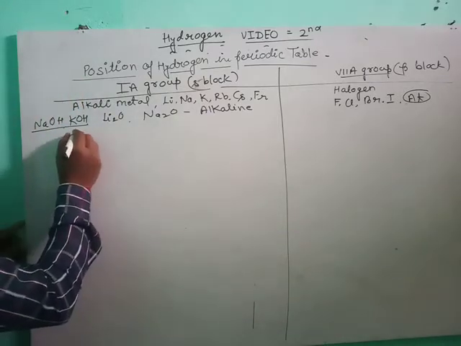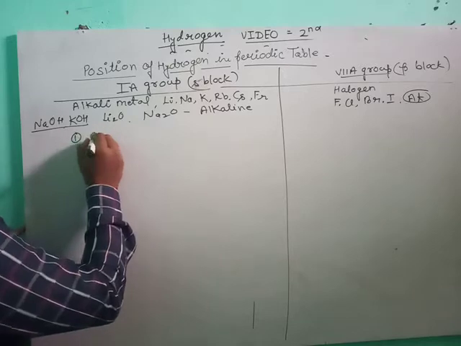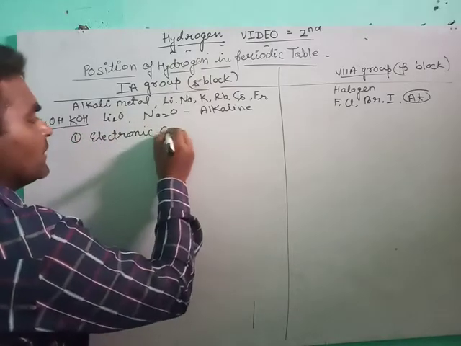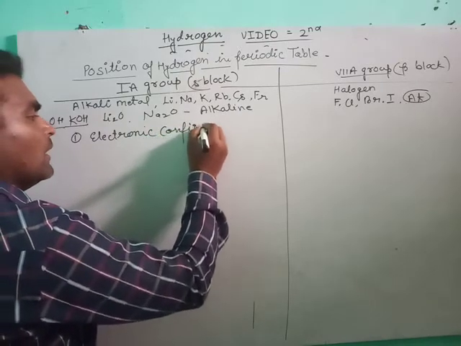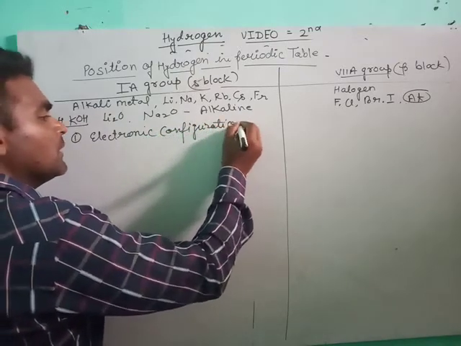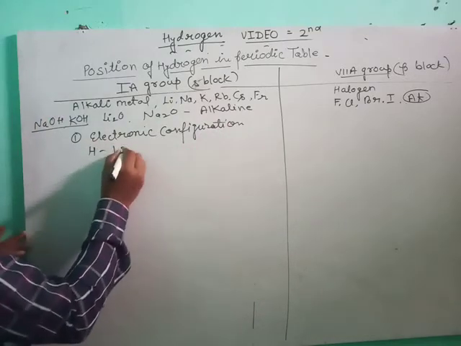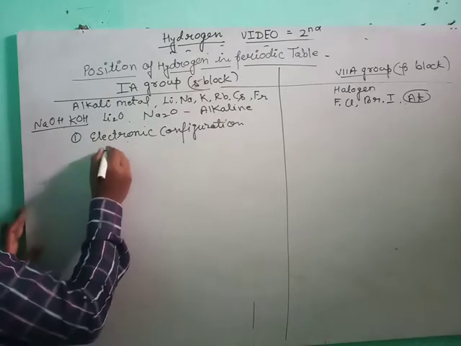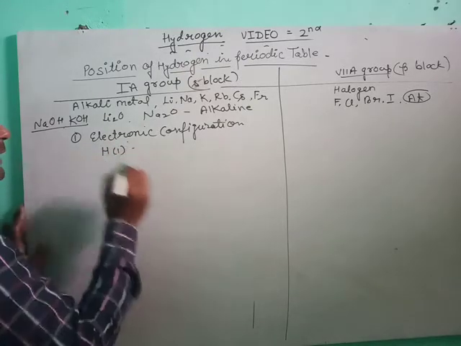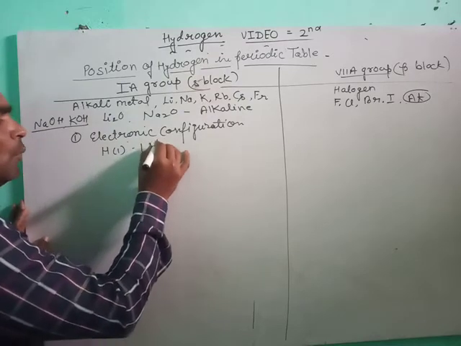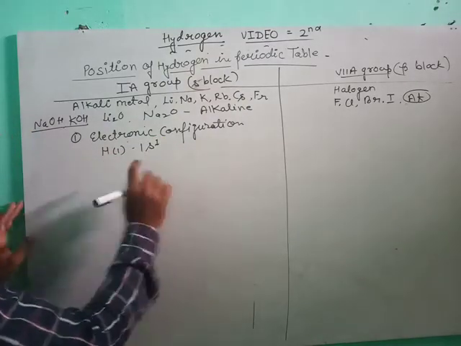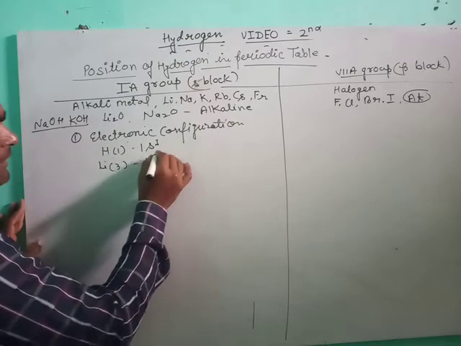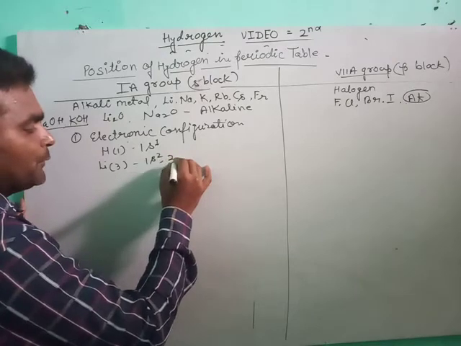In the previous class I told you about the electronic configuration of hydrogen. Hydrogen has one electron and the electronic configuration is written as 1s1. Similarly, lithium has 3 electrons and the electronic configuration is written as 1s2 2s1.